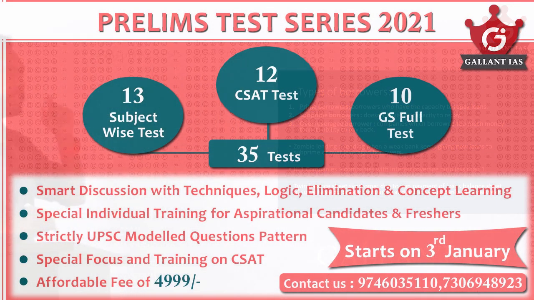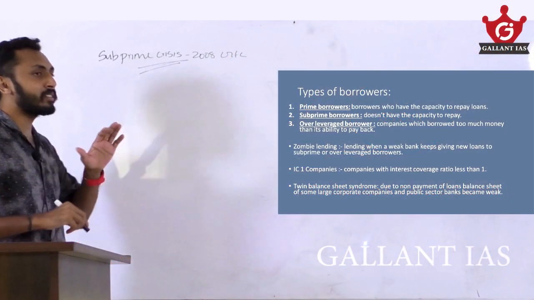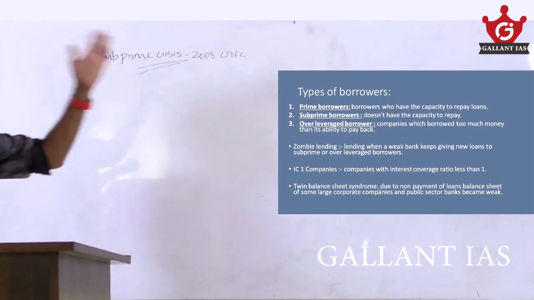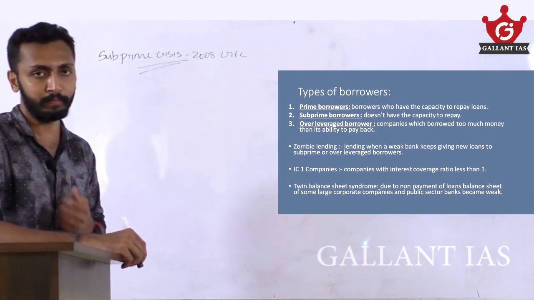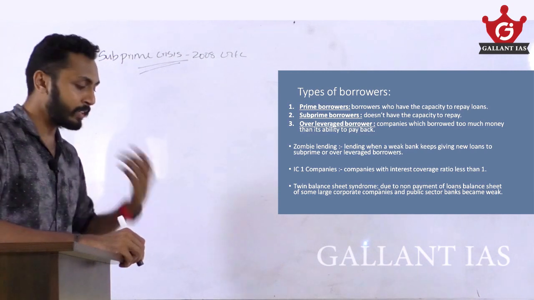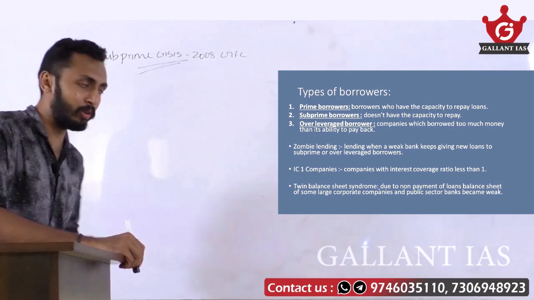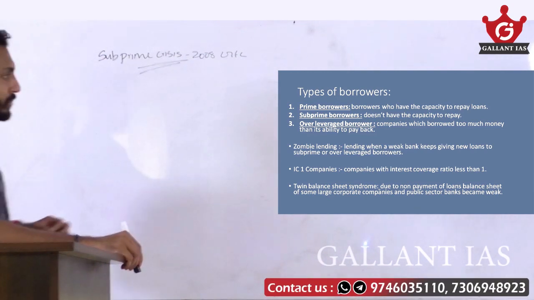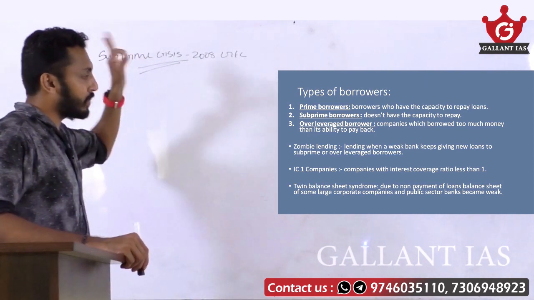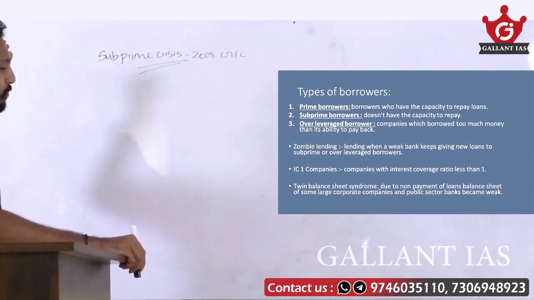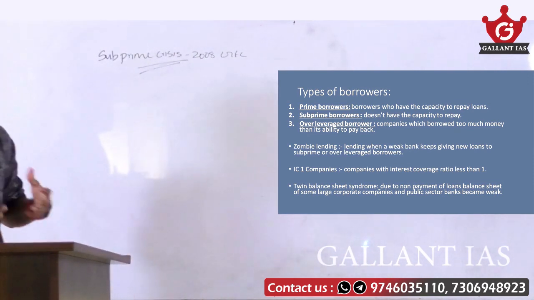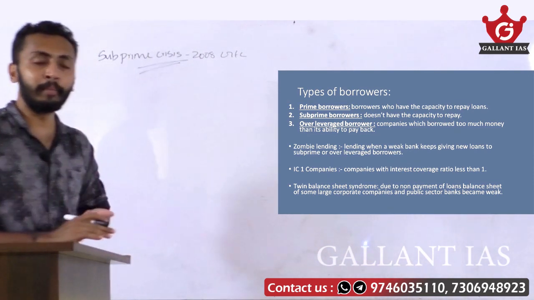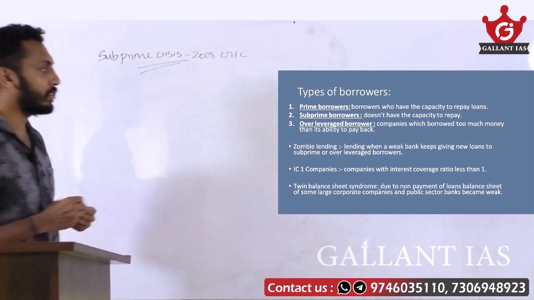Why? This global financial crisis happened mainly because banks gave loans largely to subprime borrowers who didn't have the capacity to repay the loans. Banks started to lend largely to subprime borrowers because of loose banking regulations in America and Western countries.